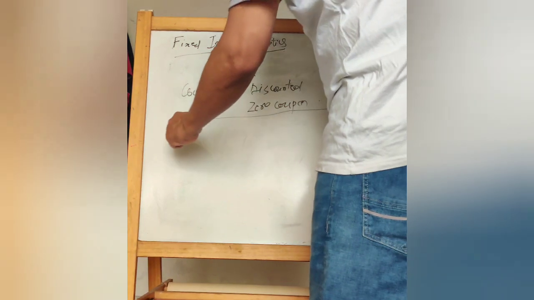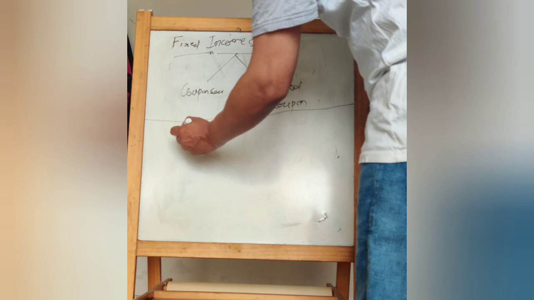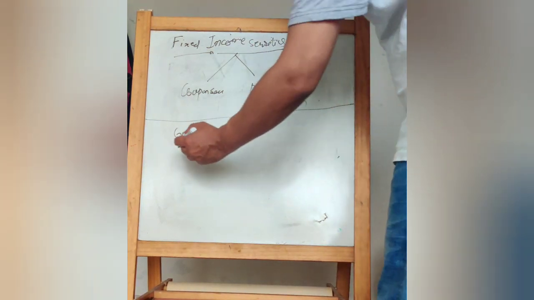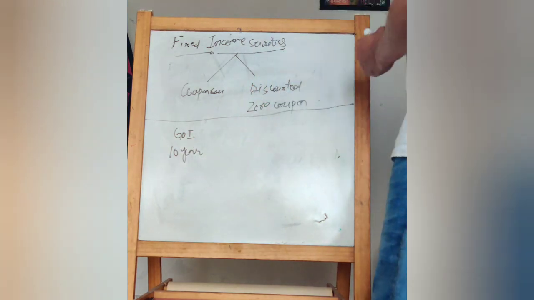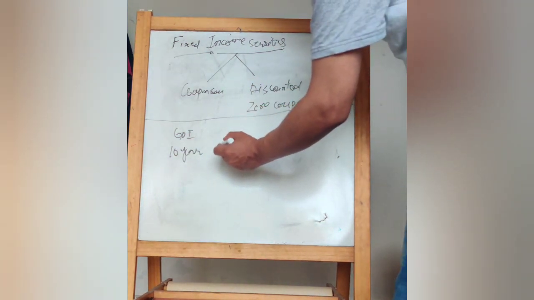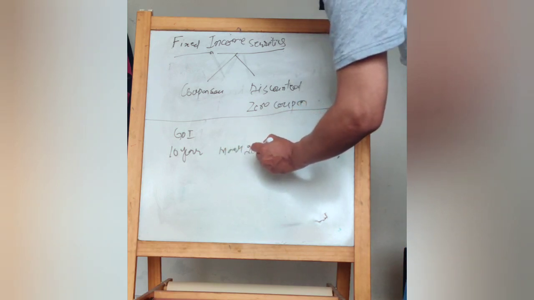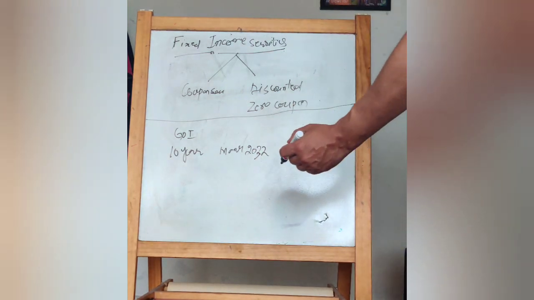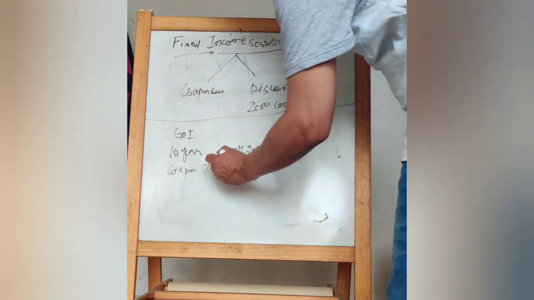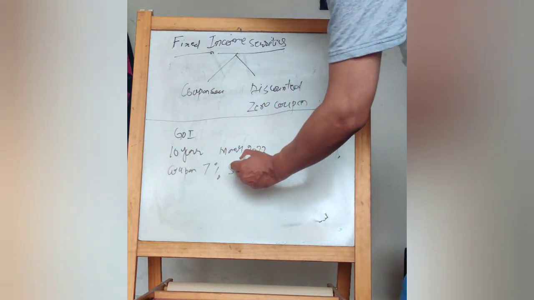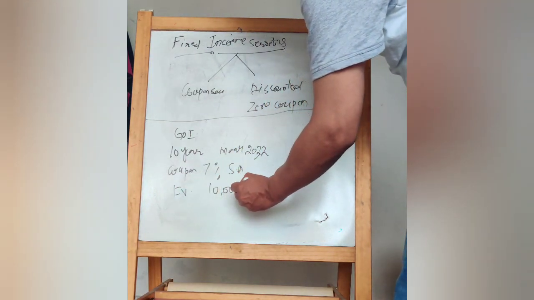If we take an example of coupon securities, let's say there is a 10-year bond issued by the Government of India maturing in March 2032, that is its maturity year, and the coupon of this bond, let's say, is 7% on a semi-annual basis, and the face value of this bond is 10 lakh rupees.